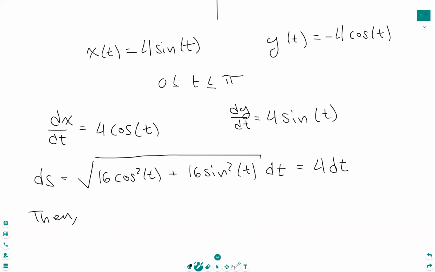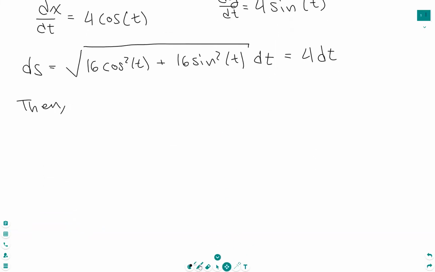So then I go back to my original line integral. The line integral over the path c of x y to the 4th ds is equal to the integral from 0 to pi. That's the interval of my parameter.